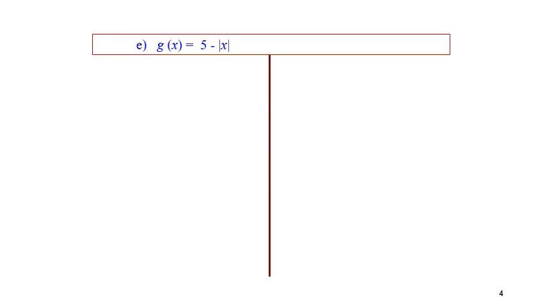For question E, 5 minus absolute x. If you remember the basic shape of the graph, when we have negative outside, the graph would be like this.